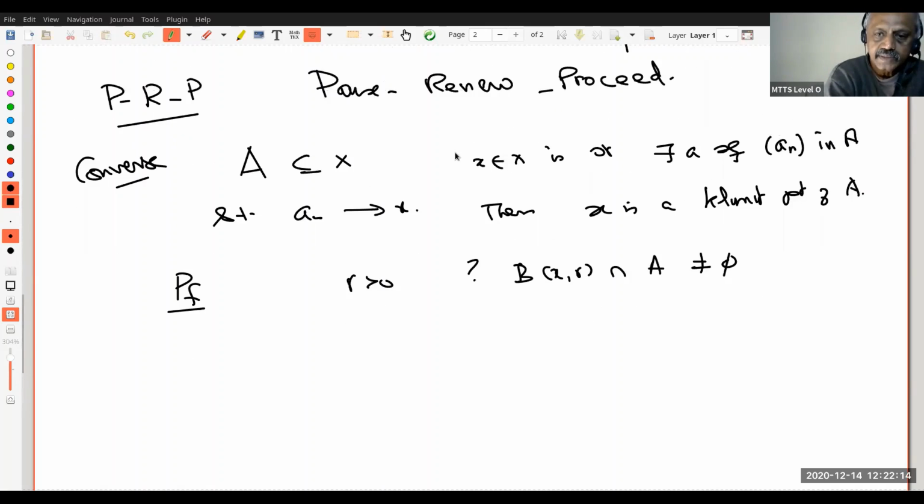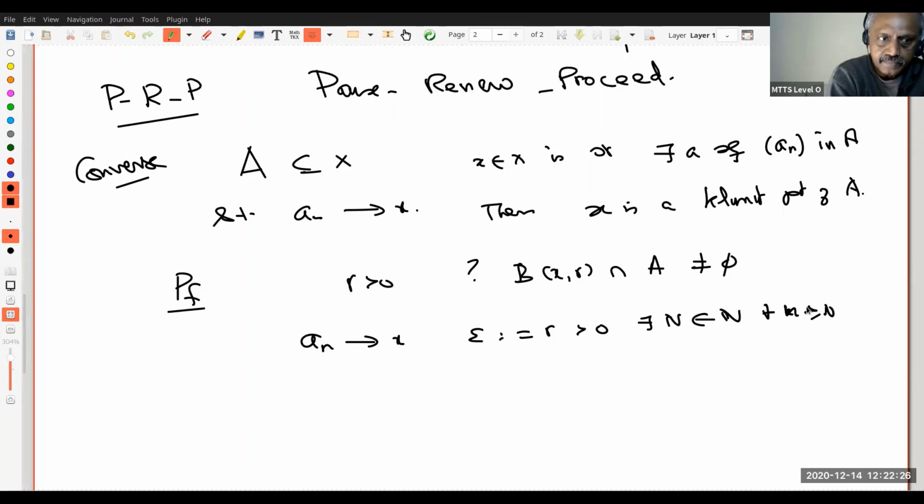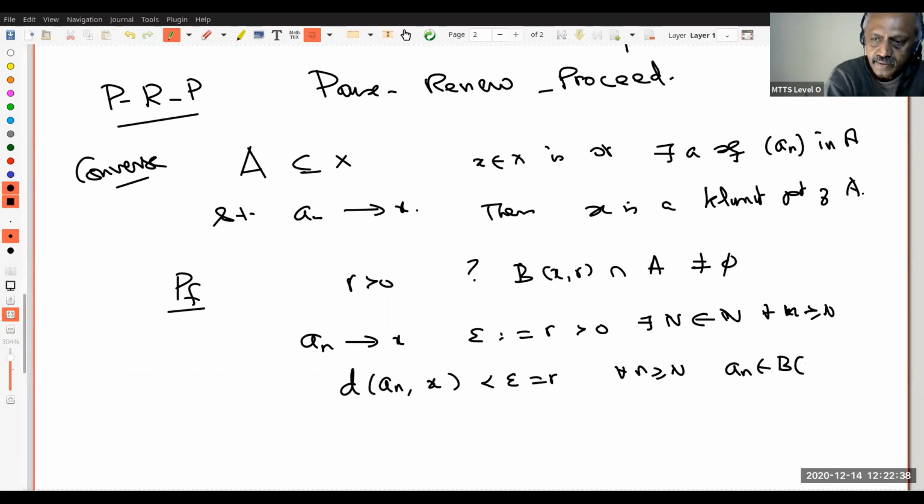But remember, since a_n converges to x, take epsilon equal to r, which is positive. Therefore, I know there is a natural number N so that for every n greater than or equal to capital N, the distance between a_n and x is less than epsilon equal to r. That means for every n greater than or equal to N, my a_n lies in B(x, r) as well as in A. So I have produced elements of A which are in this ball.